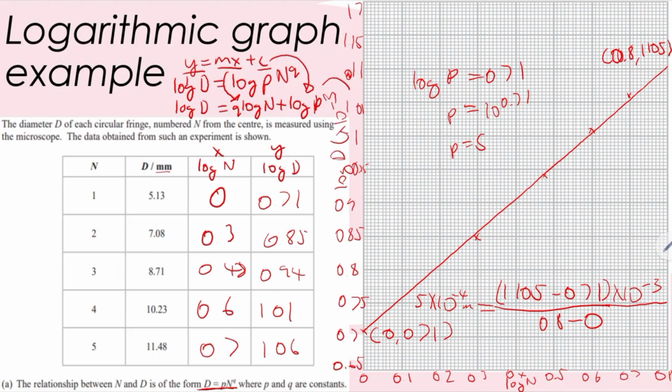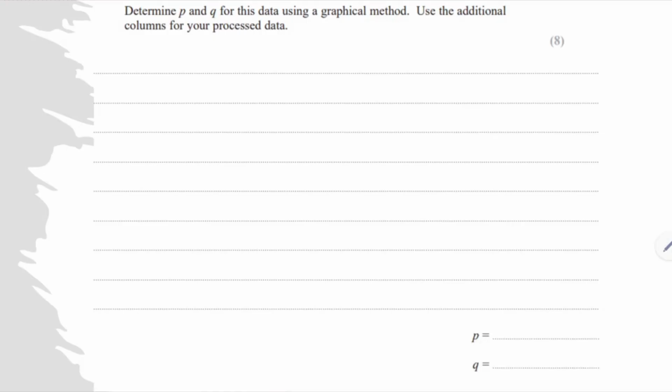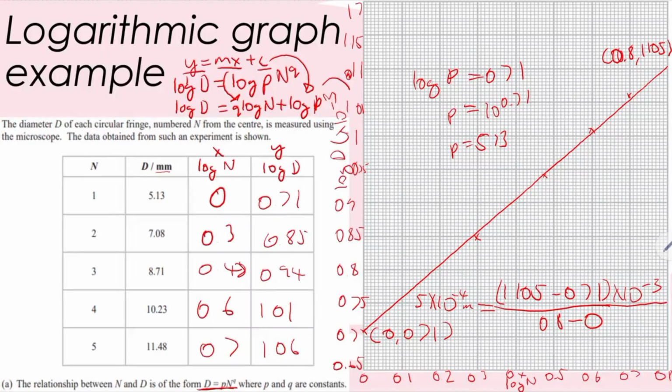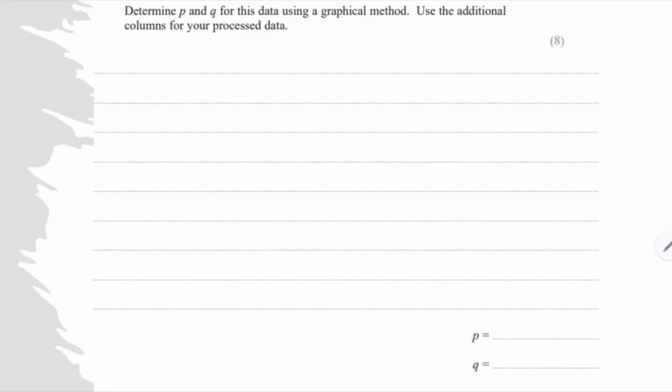We'll get 5.13. So now we just need to write it over here. So P will equal 5.13, and Q will equal 5 times 10 to the power of minus 4 meters.